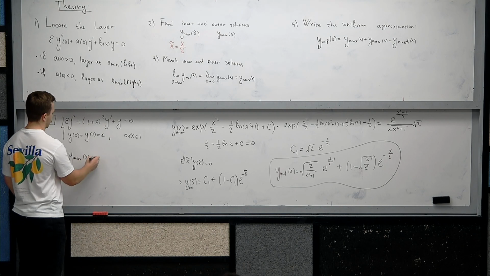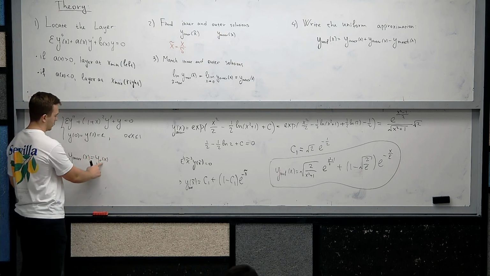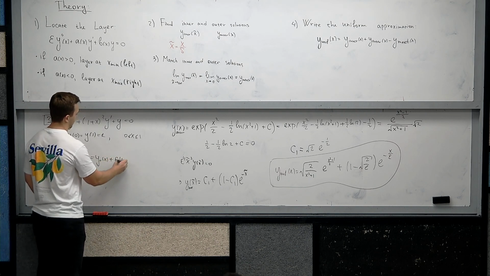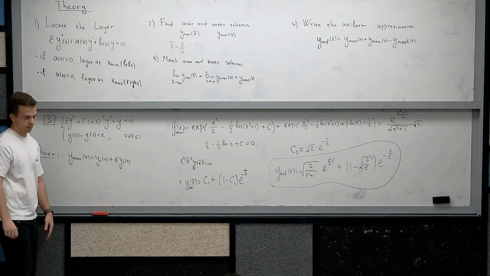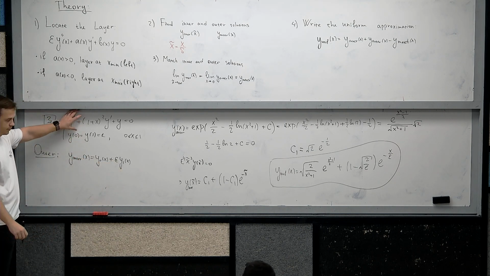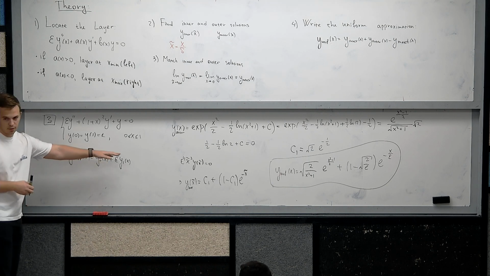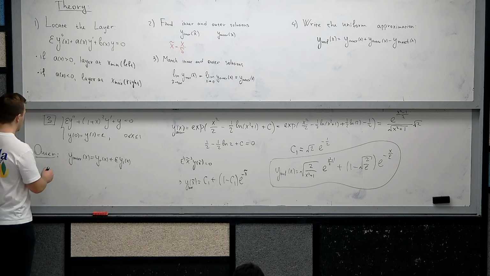So our outer solution is y naught of x, exactly leading order approximation, plus epsilon times y1 of x, next order correction. And then we plug this into the equation, and we will solve two differential equations for leading order and for next order correction.